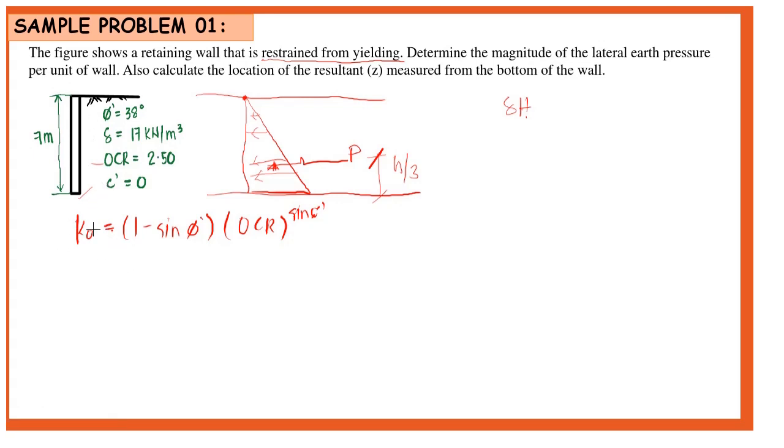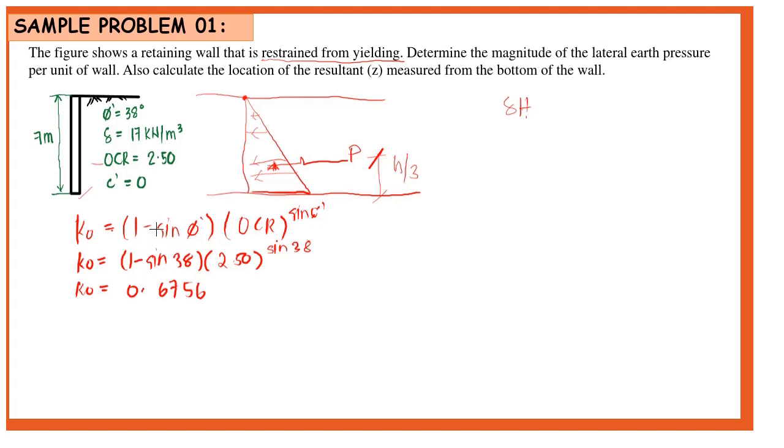So substituting the values here, we have K0 that is equal to 1 minus sine of 38 that is given in our problem. We also have given OCR, which is 2.5 raised to sine of 38. And so calculating our value for lateral earth pressure coefficient for rigid retaining wall is equal to 0.6756.